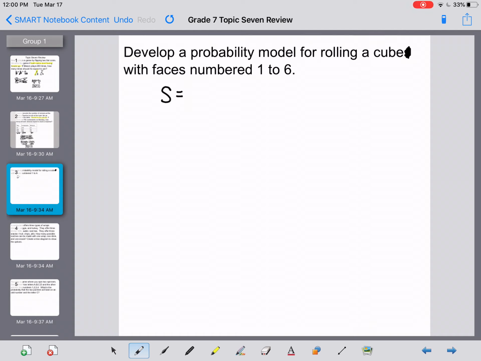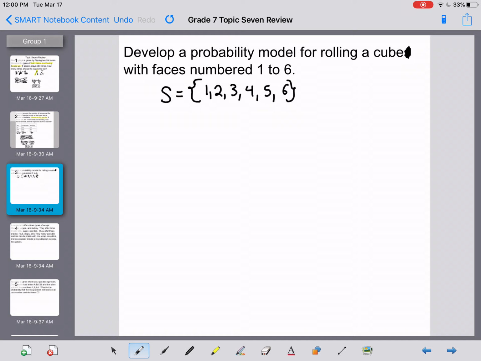To list out the sample space, we could just put an S, and then we're going to have our brackets showing the sample space. I'm going to list every possible outcome that can come from rolling this cube. My outcomes are 1, 2, 3, 4, 5, and 6. That is my sample space.